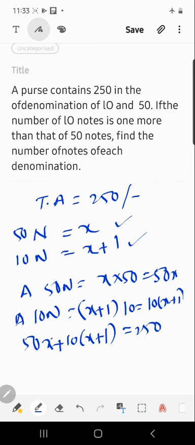That is the equation. If we simplify this, we'll get the x value, and by that we can find the number of 50 rupees notes and the number of 10 rupees notes. So you can simplify this.